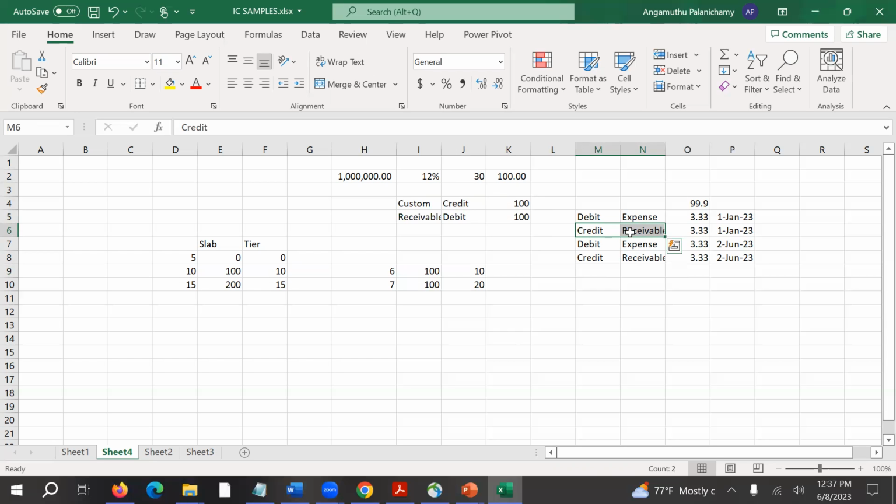When the customer account is getting impacted on the day, that is called liquidation. Where the customer account is not impacted and only my internal GLs are getting impacted, that is called accrual.